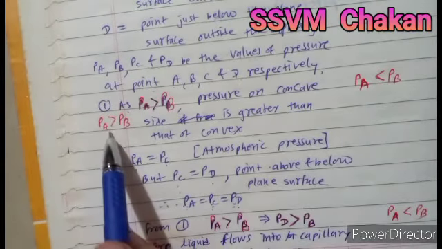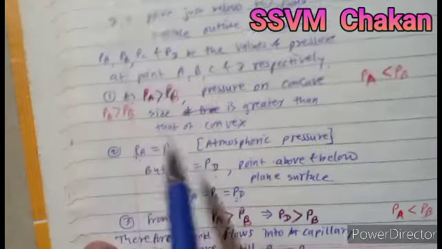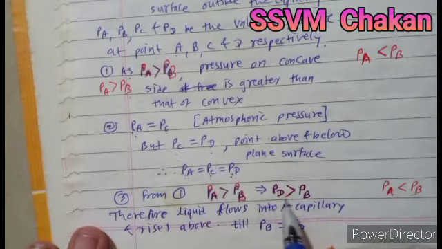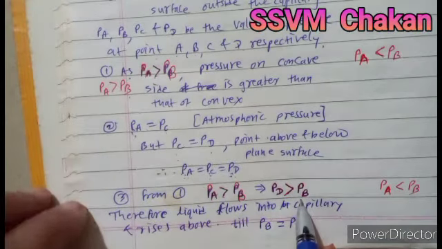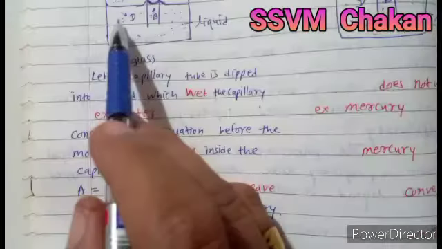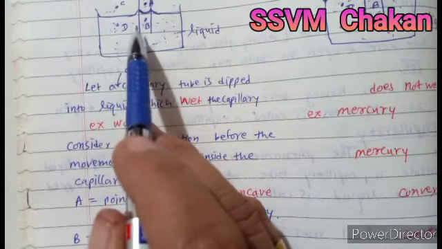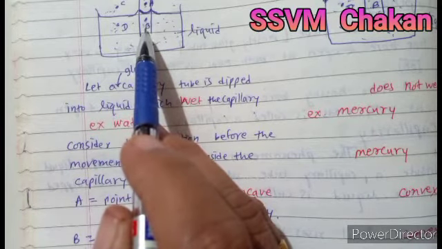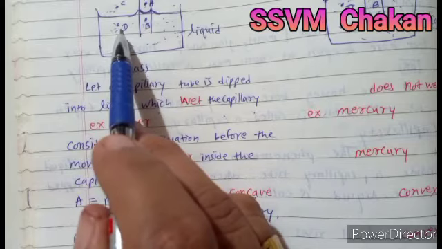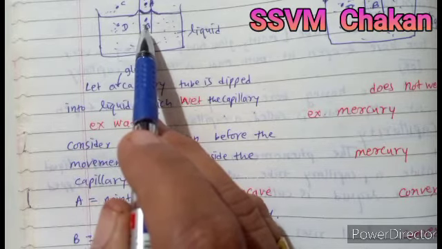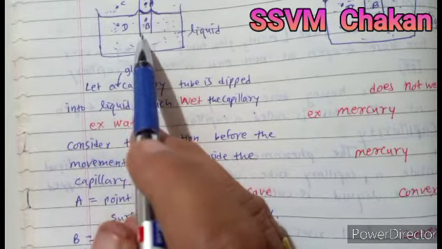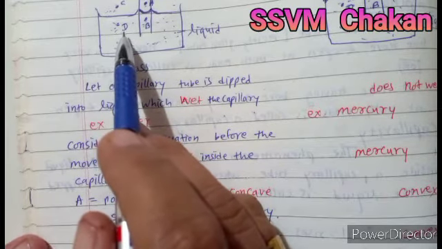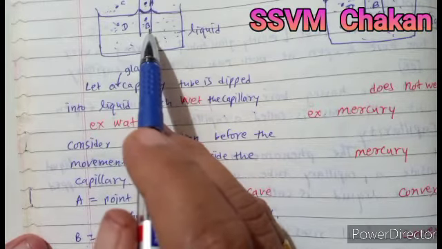Now we consider the first point, PA is greater than PB. Naturally, PD is greater than PB. That means the pressure at point D, which is inside the liquid, and the pressure at point B, which is also inside the liquid, are different. Pressure at D is more than the pressure at B, which means the pressure at B is less. Because of Pascal's law, the pressure at every point inside the liquid must be the same.